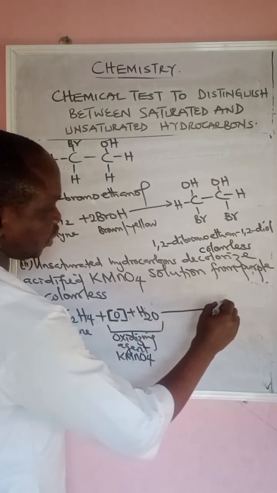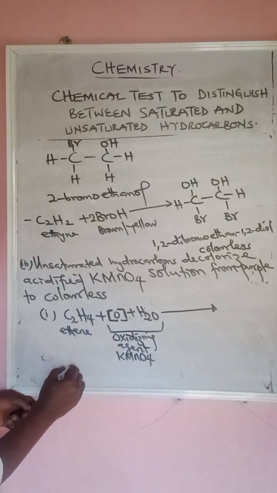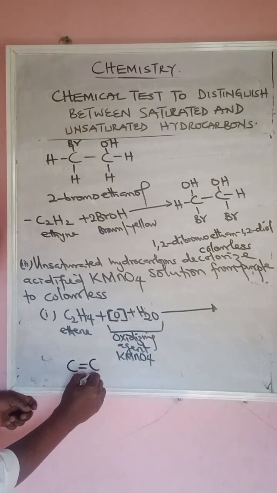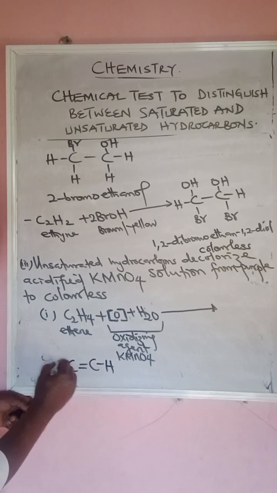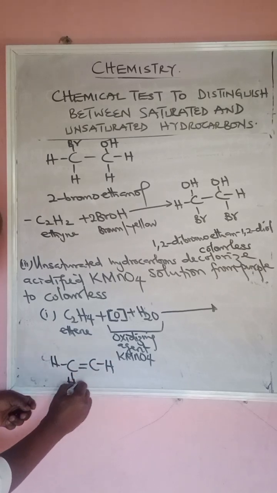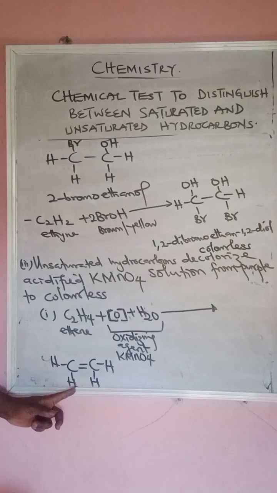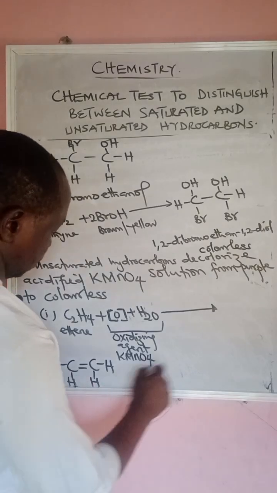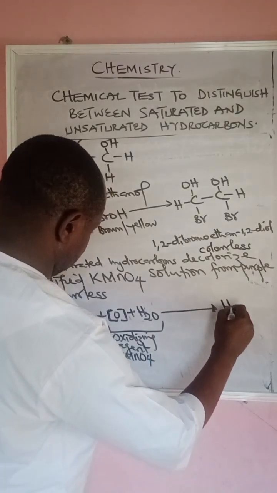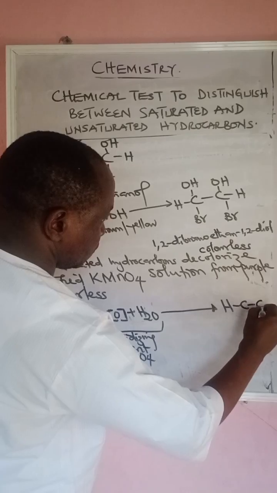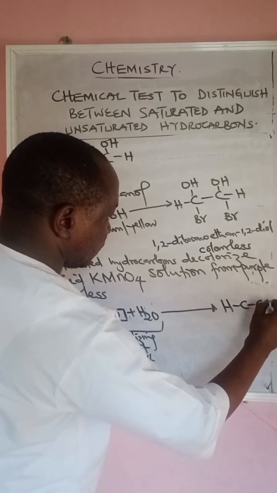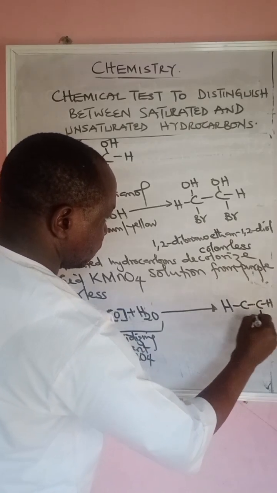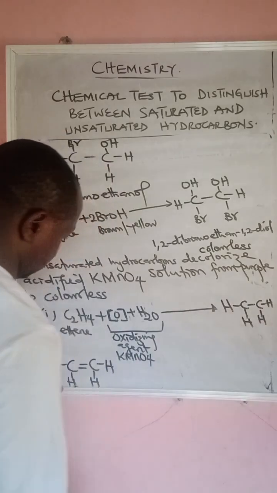So this one will form, remember, structurally it's like this. Hydrogen here, hydrogen here, hydrogen here, hydrogen here. So this one will now become H, C, C. You have H here, you have H here, you have H here.